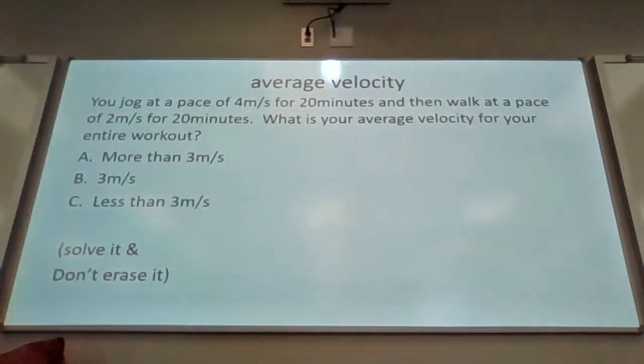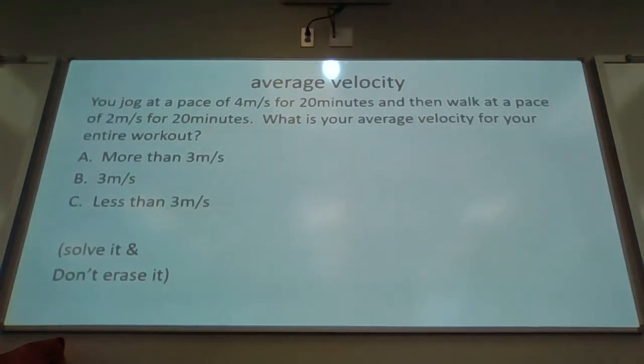From last night's homework or today's homework, you had two different objects. You need a set of variables and an equation for each object. If you have two parts or multiple parts of a journey, you need a list of variables and an equation for each part.